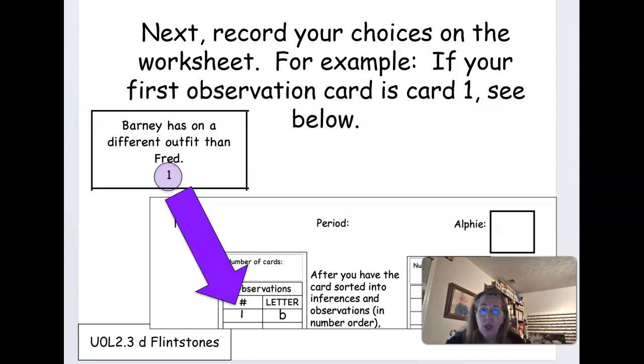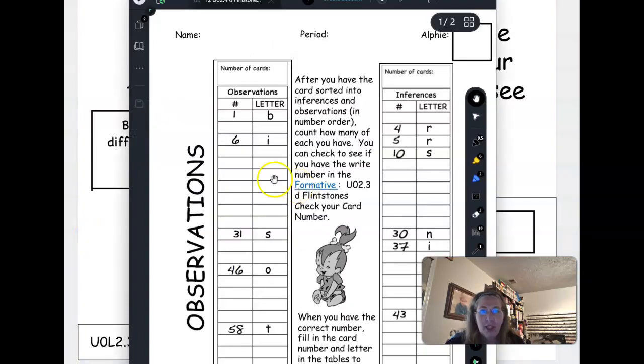Once you get them all in order, you're going to write down on your worksheet the cards in order. You know that there's going to be a number between 1 and 6 here, and then you have 1, 2, 3, 4, 5, 6, 7 cards that are going to fit between 6 and 31, and so you write down all your numbers of cards in order.